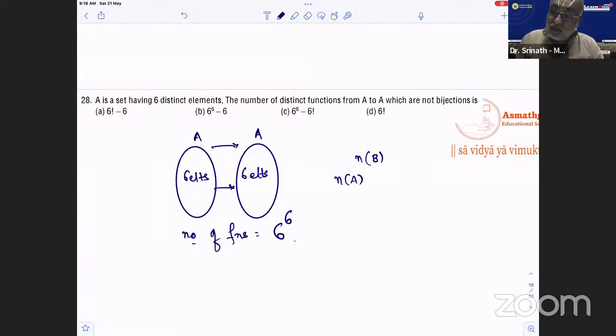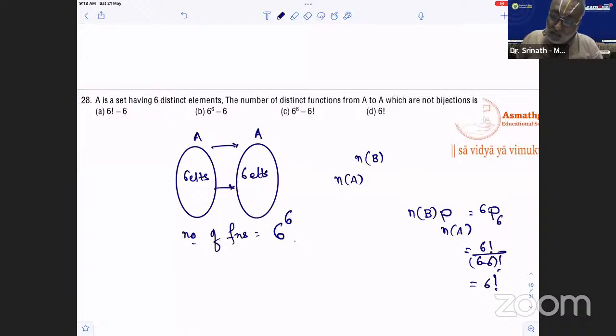Now, I told you the number of bijections means n of B P n of A. So how many bijections are possible? 6P6. 6P6 means 6 factorial by 6 minus 6 factorial, which is 6 factorial.